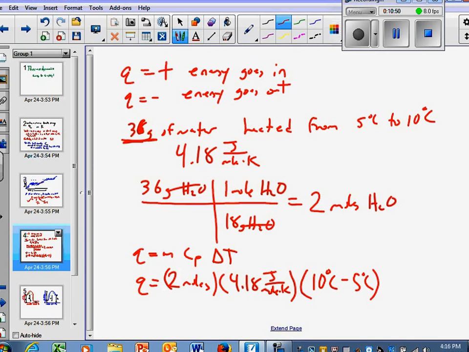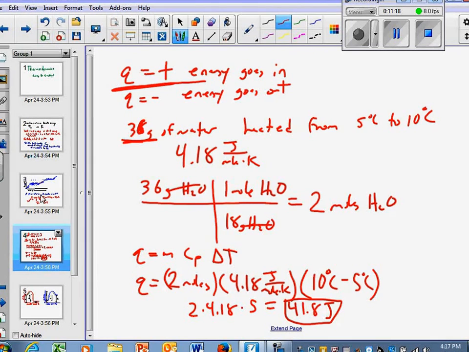That makes sense. I'm going to get a positive number because I have to put heat in order to get the temperature change that I'm looking for. So if I do this, this is 2 times 4.18 times 5, and that equals 41.8 joules. And that's how you calculate how much energy you need to add to heat up water.